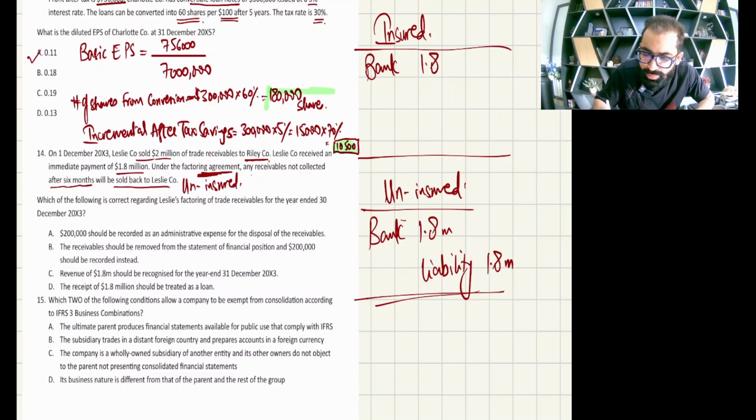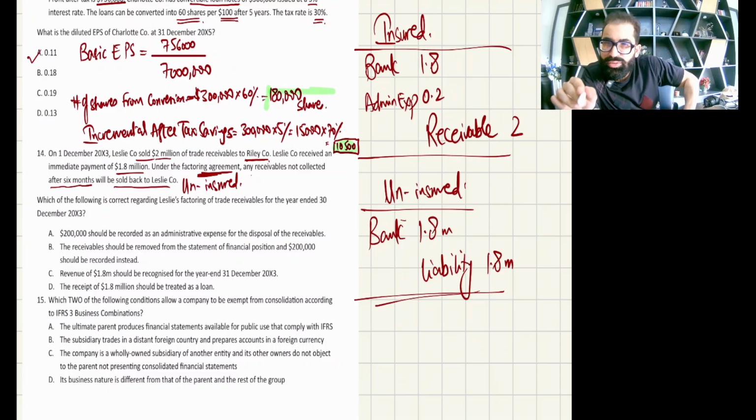Listen, you will have to credit receivable by complete 2, and then you have an admin expense. You normally book admin expense of 0.2. This first entry is for insured. When it is insured, that means it is sold. When it is uninsured, that means the second thing. So right now it is uninsured.